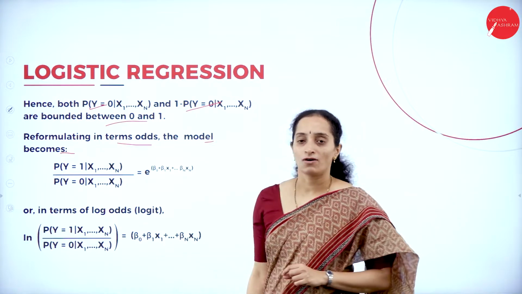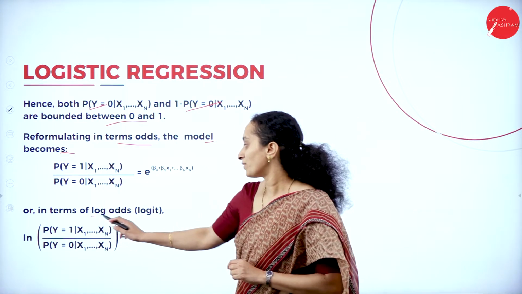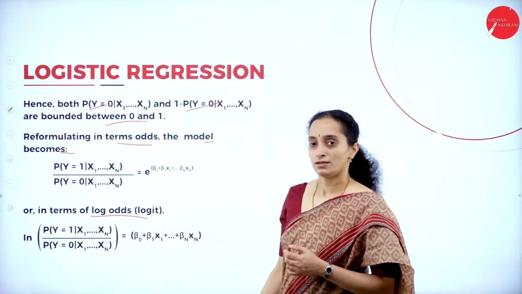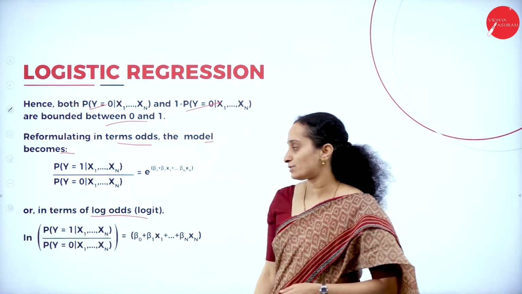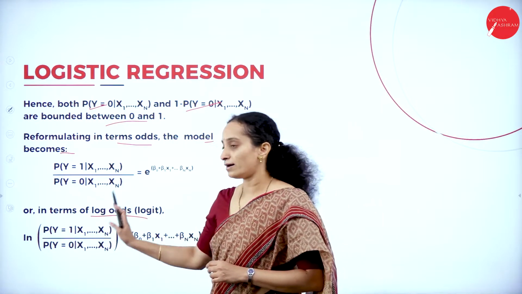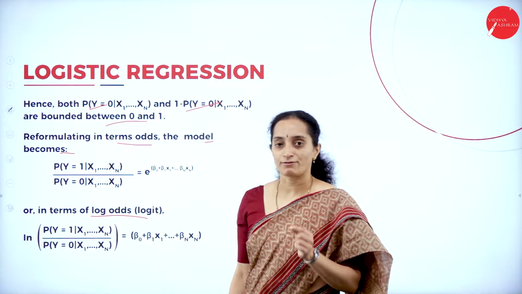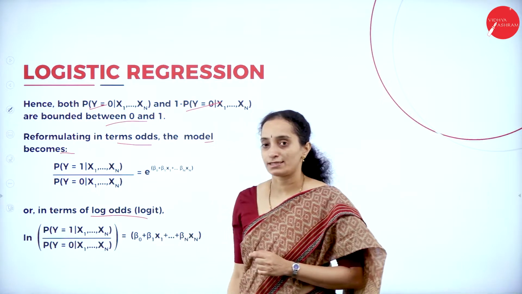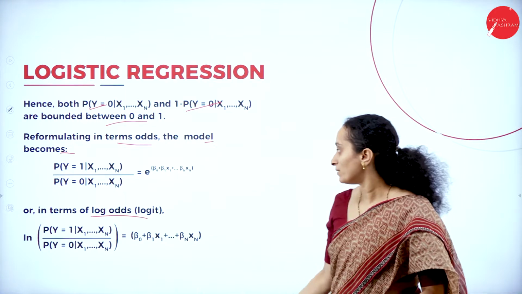So we take all the set of values between 0 and 1. Or in terms of the logarithmic representation of odds, we take the log of p of y equals 1 given the variables x1 to xn, over p of y equals 0 given x1 to xn, which will take the following form.